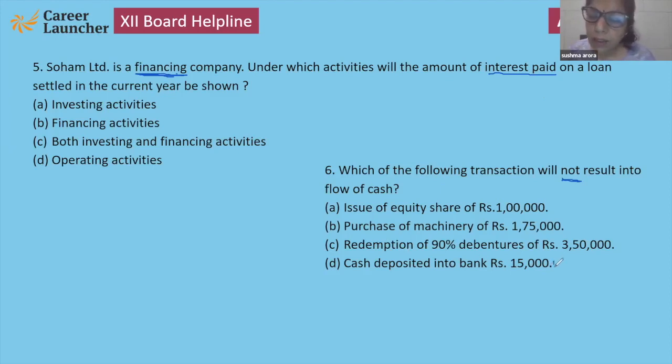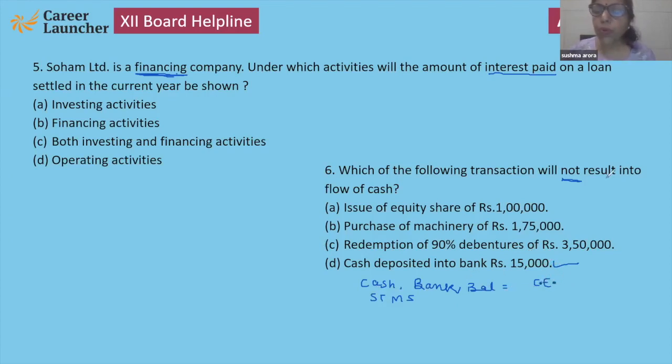See here that answer. Why? Because cash, bank balance, all are equal to cash equivalents, short-term marketable securities. So cash deposit into bank or cash withdrawn from the bank, both are cash equivalents.